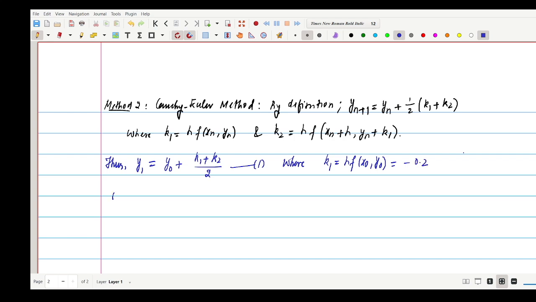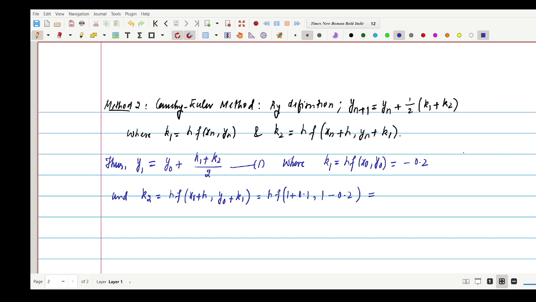Now k2 is equal to h f of x0 plus h, y0 plus k1. So this is equal to h f of, now x0 is 1, h is equal to 0.1, y0 is 1, and k1 is minus 0.2.